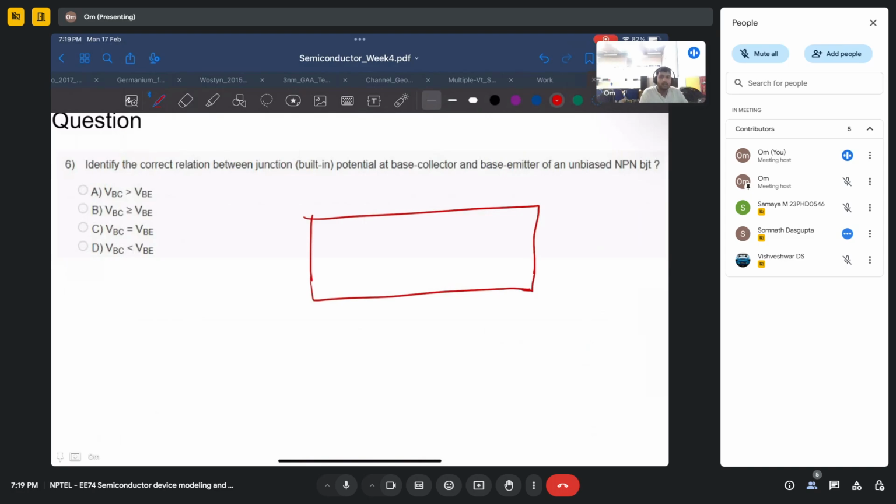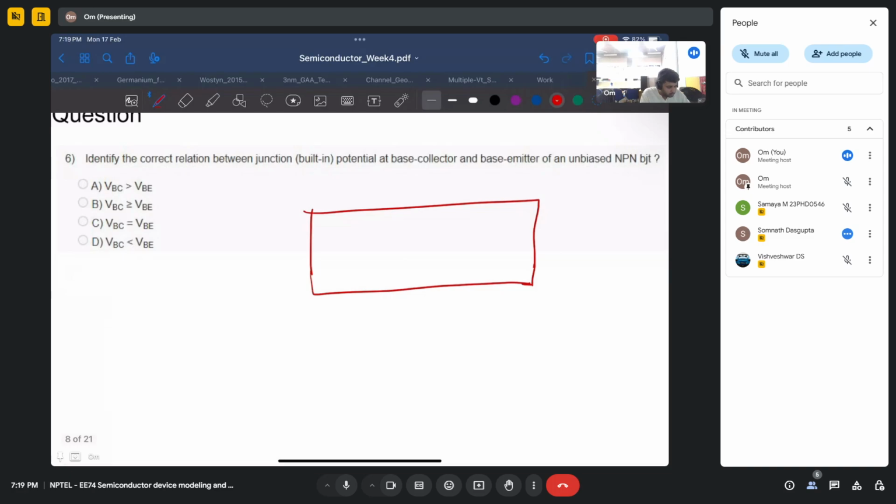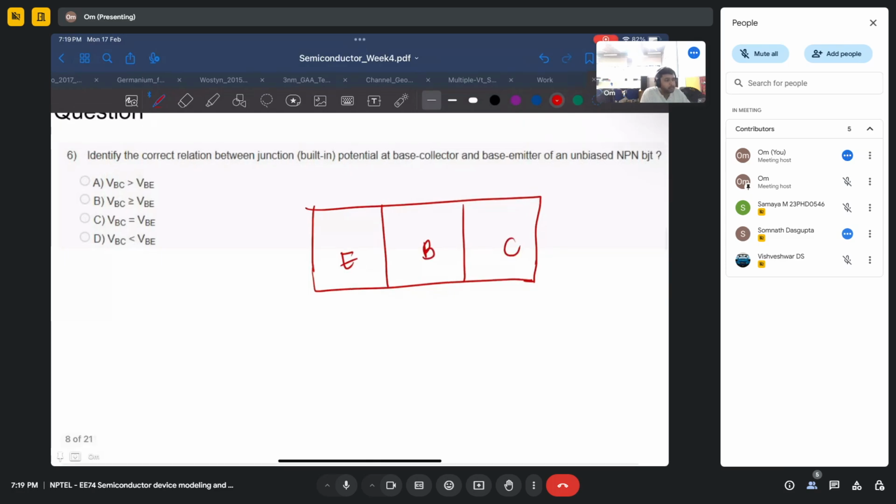A BJT is a device that has three terminals, and it is basically a combination of different PN junctions. We have an emitter, a base, and a collector. There are two types of BJT, NPN and PNP. Let's say this is an NPN BJT.